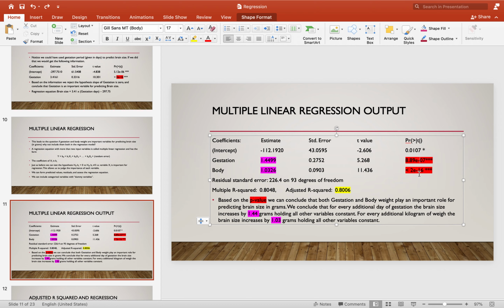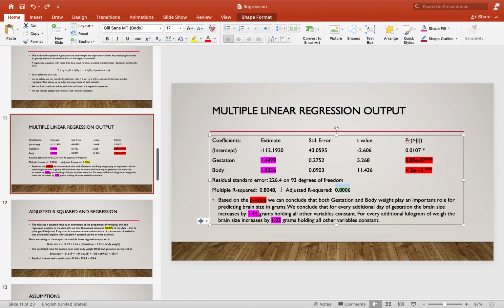So both these variables should be included in the regression equation for brain size. It provides us our RSE, residual standard error. It provides us with the multiple r squared and what's called the adjusted r squared. We'll talk about adjusted r squared in a minute.